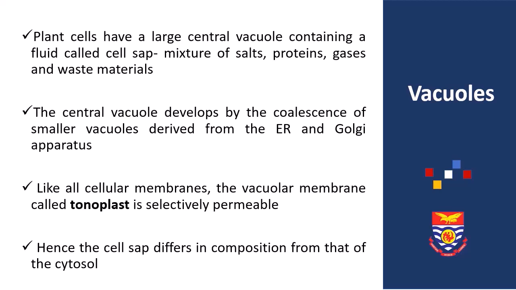The central vacuole is developed by the coming together of smaller vacuoles derived from the endoplasmic reticulum and Golgi apparatus. The membrane of the vacuole is referred to as tonoplast, and it is selectively permeable, so it ensures that the cell sap differs in composition from that of the cytosol.